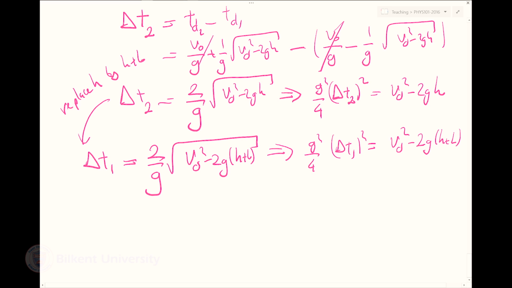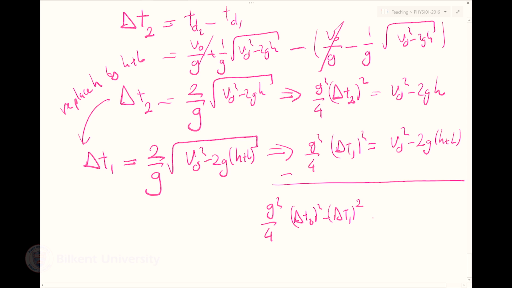And here's the magic. If I subtract these two equations, I will get rid of both V0 square and H. So let's subtract them. G square over 4 times delta T2 square minus delta T1 square is equal to, V0 squares cancel each other, 2GH's cancel each other, I have 2GL.